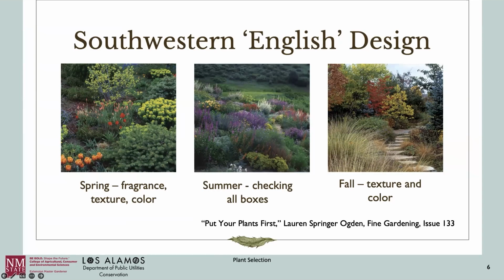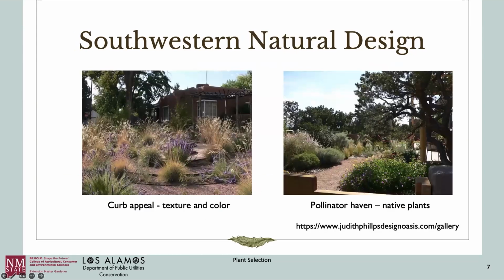You might want to have an English design in some area close to your backyard or close to a window where you want to be able to look out and see this beautiful, colorful area. And then maybe you want to transform into a Southwestern natural design, or maybe you want this for your whole yard.